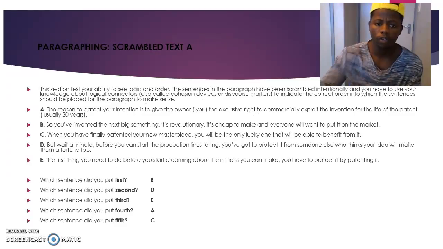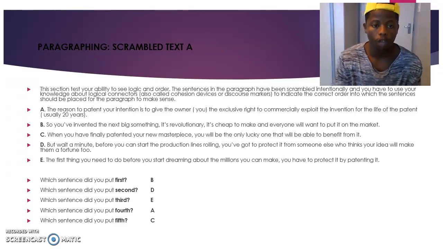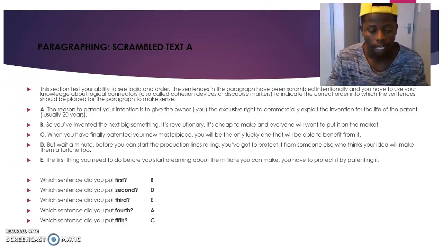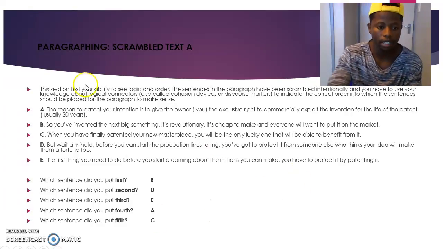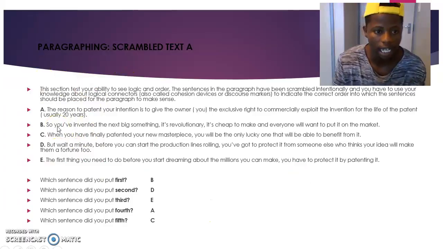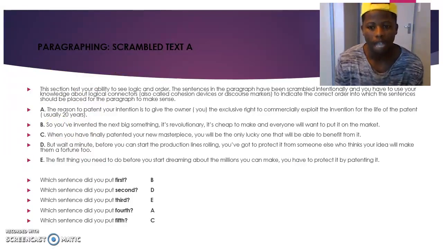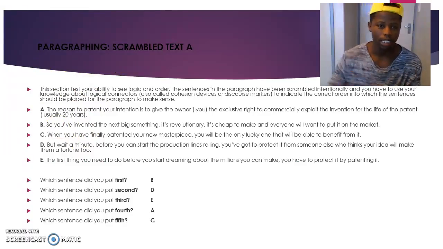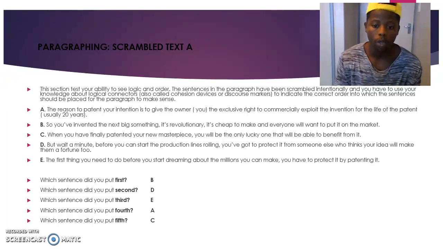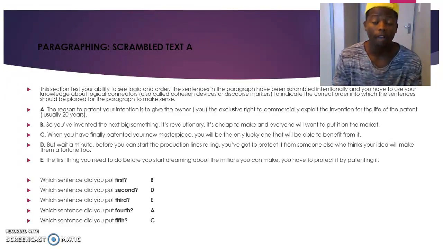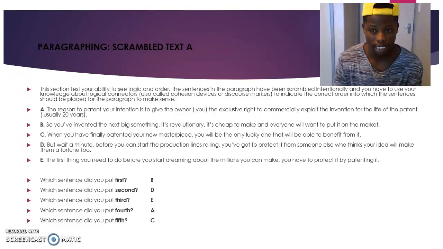Cool. We're going to move forward to one of the activities that we have. Now, what's happening here is that these sentences are not chronologically placed. I may say they are mixed up. So what we have to do is to try to put them together so that at the end they make sense.